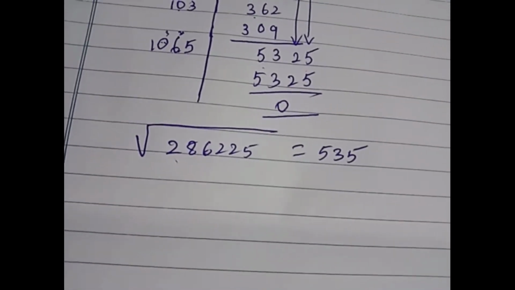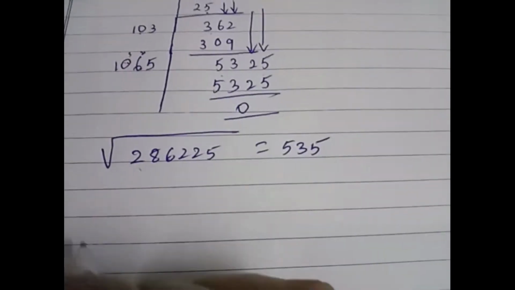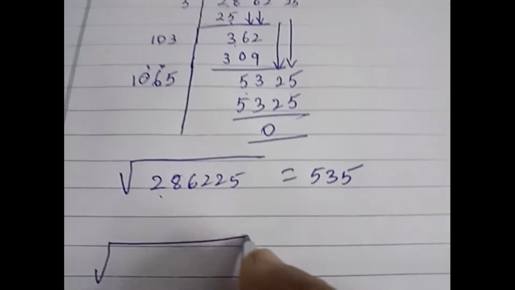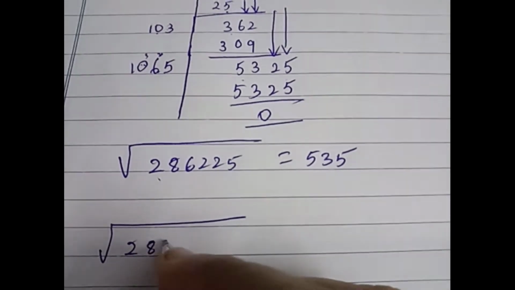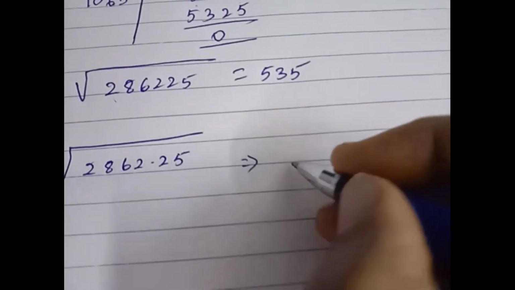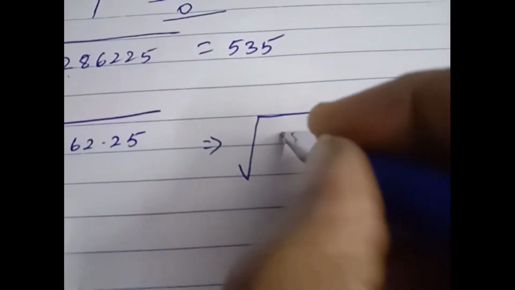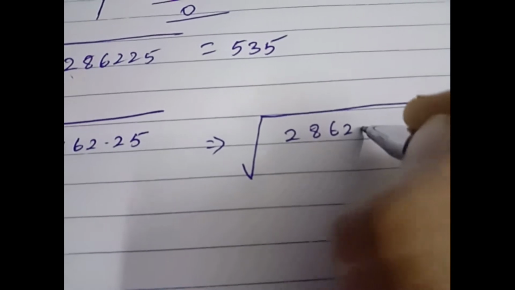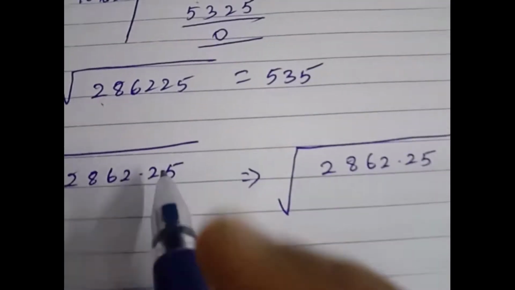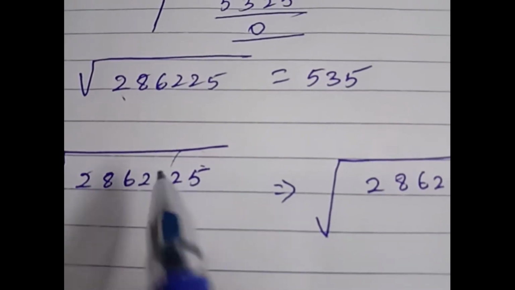Now you have to use it to compute the square root of this number. Therefore, the square root of 2862.25. First change the decimal number into a whole number. As given before the 2 numbers, there is the decimal point.